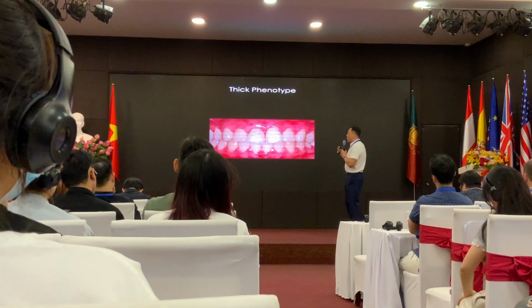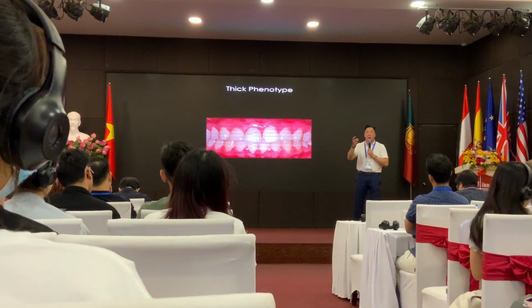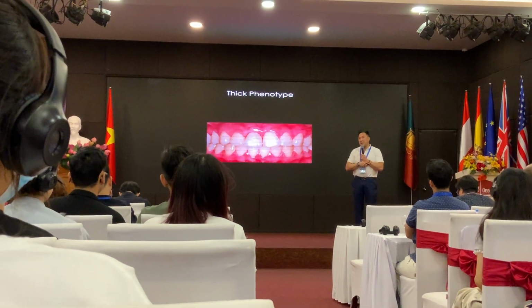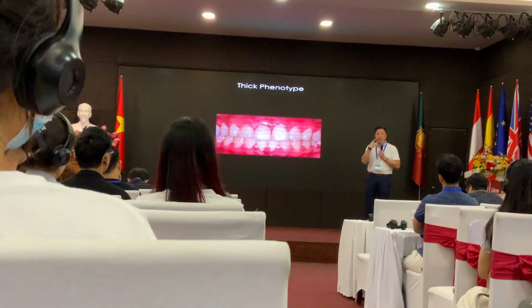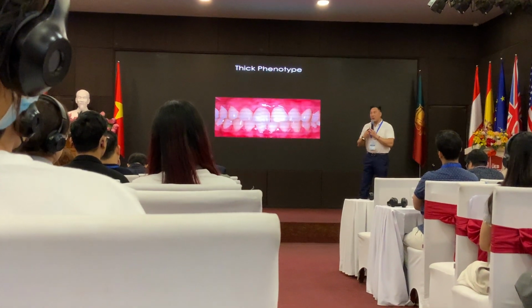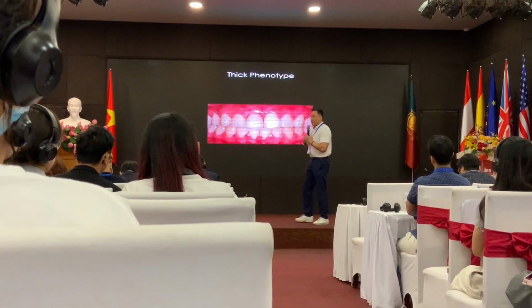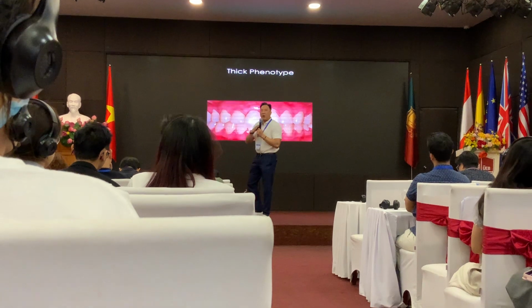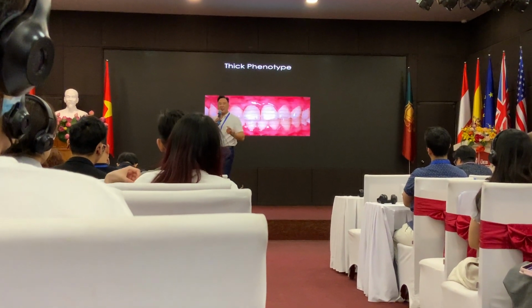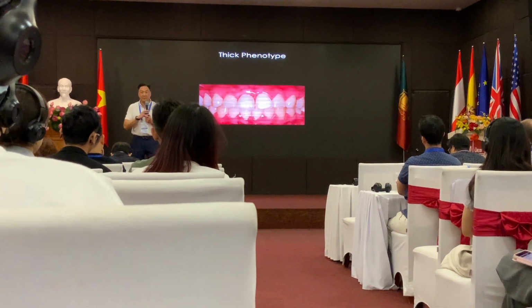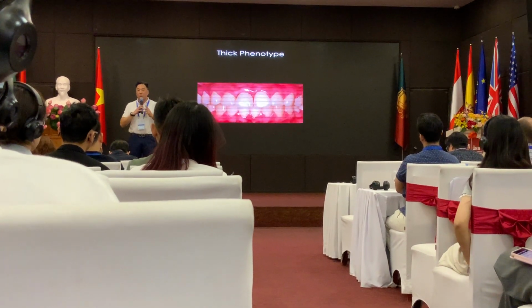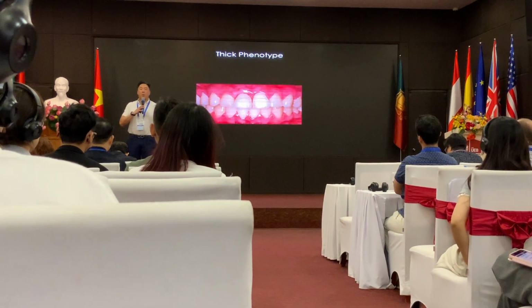And I see this more often today from even my older cases that are coming back, not just in the anterior aesthetic zone, but also in the posterior quadrants. When I first started doing implants, our faculty would tell us, don't worry about the posterior implants. You don't need thick tissue. You don't need keratinized tissue there. And I believe them. Everyone believed them. We thought back then that it wasn't important.